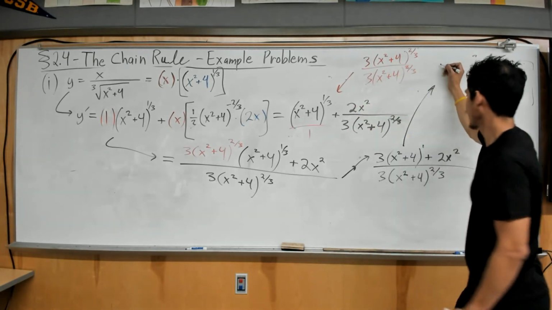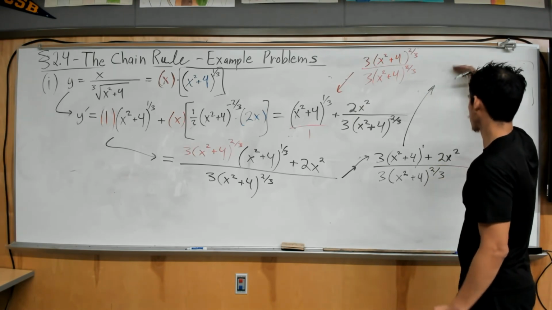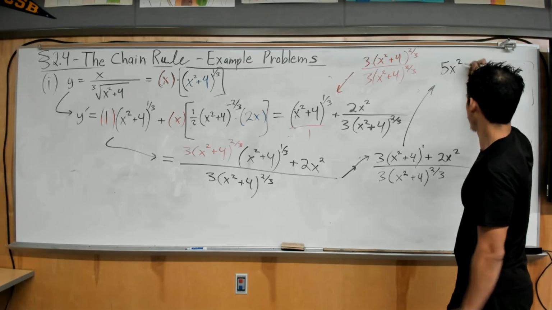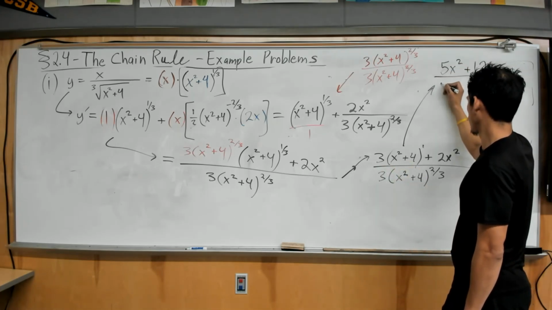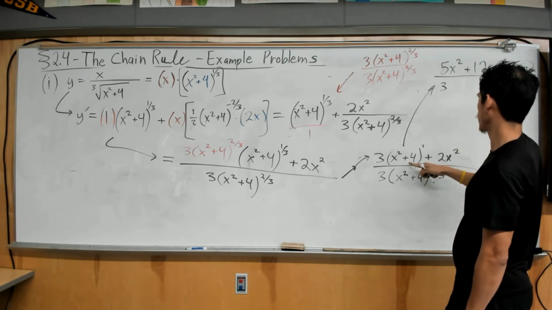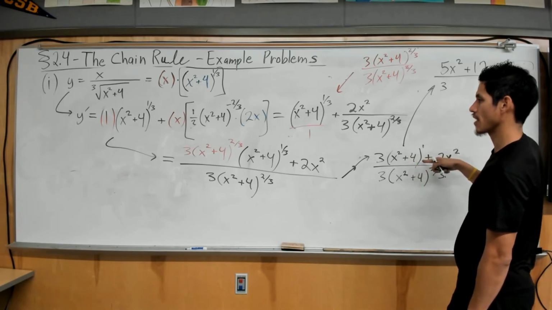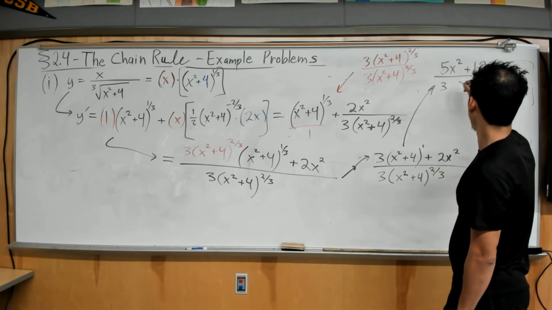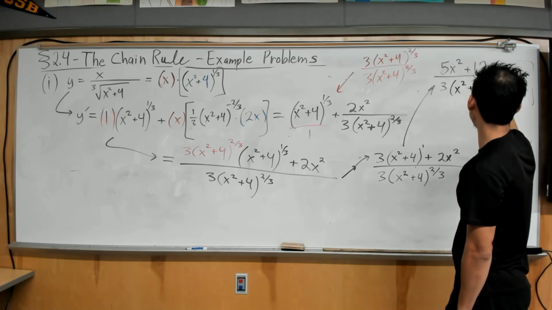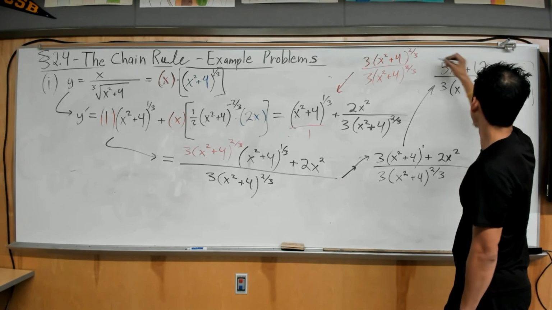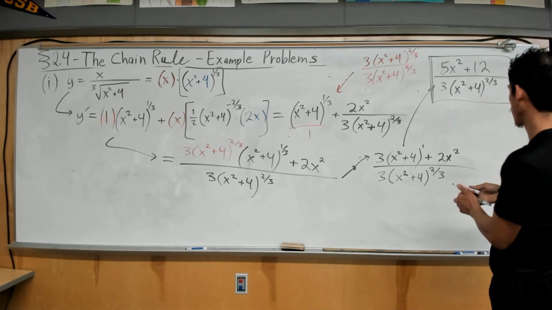Going back up here, 3x squared plus 2x squared, so we're going to have 5x squared plus 12 on top, all over 3 times x squared plus 4 to the 2/3. Wow, what a problem.